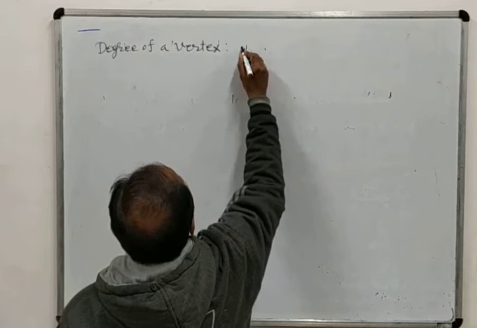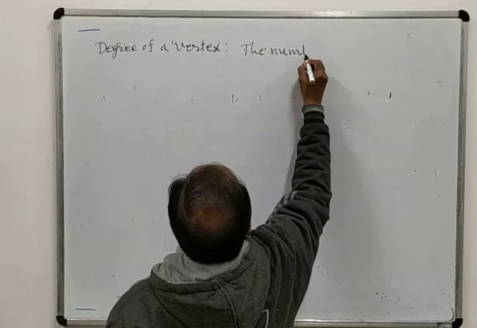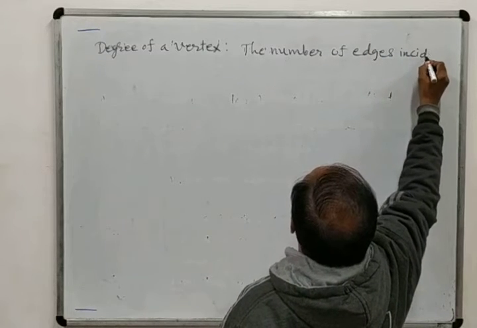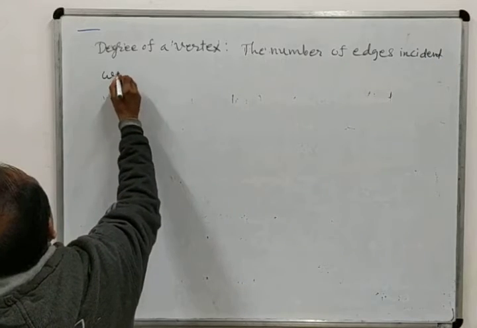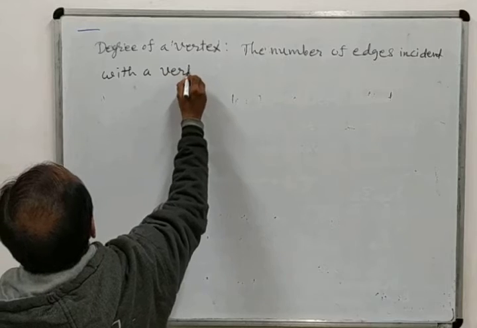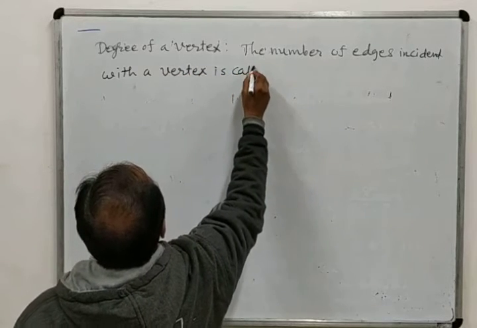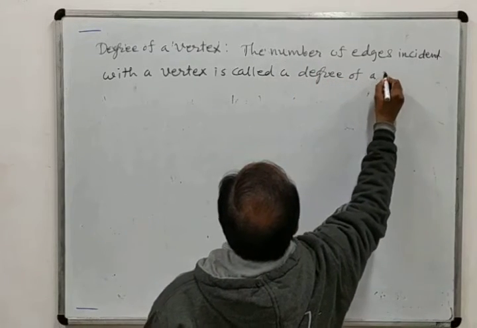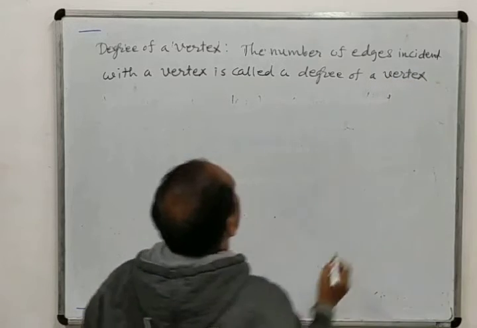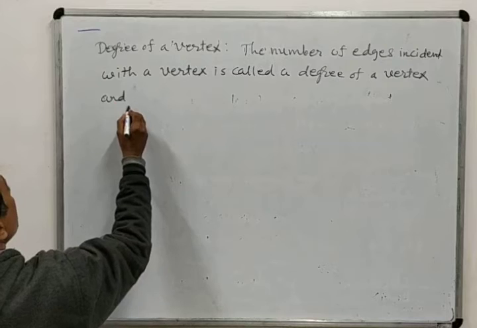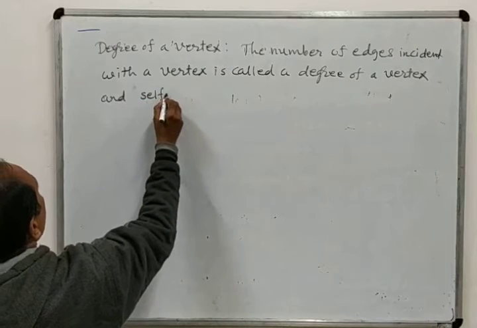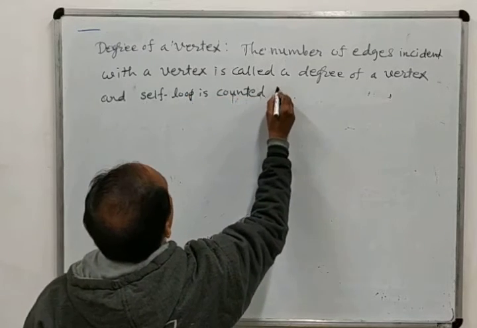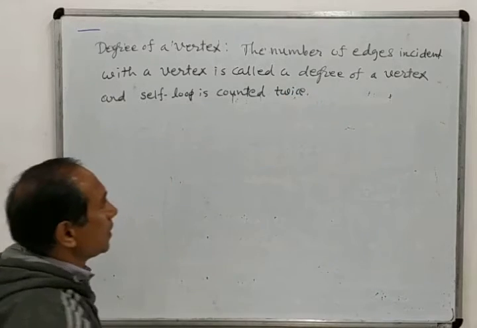The number of edges incident with a vertex is called the degree of a vertex, and one important thing to note is that a self loop is counted twice. So you read the definition.